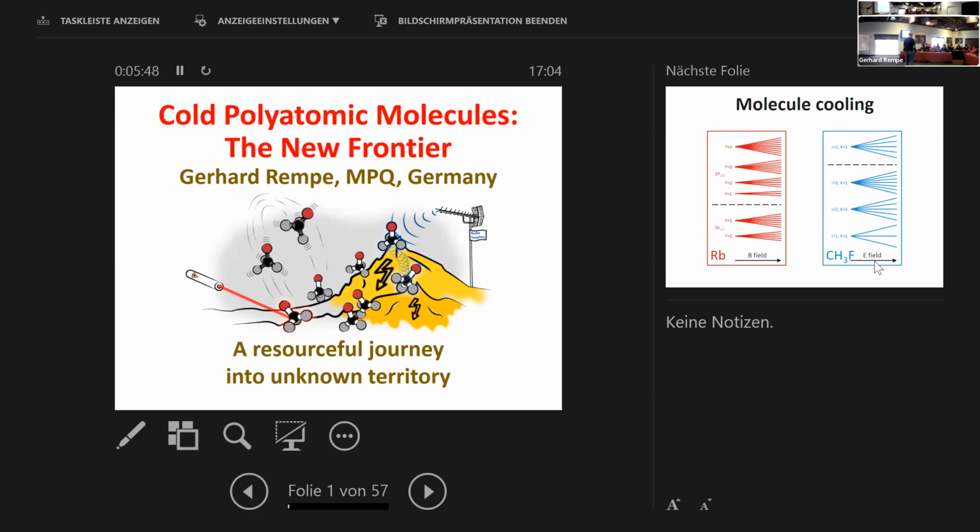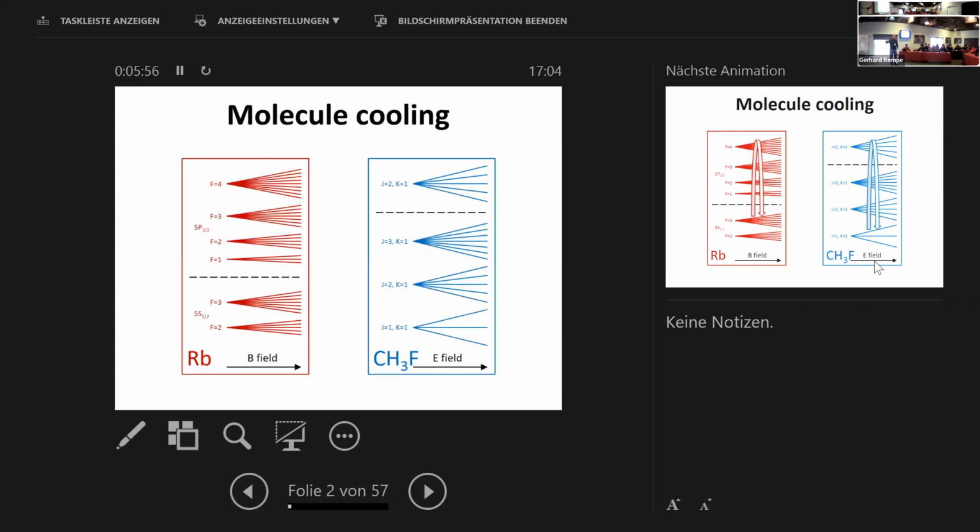They're basically doing radiation pressure. This is something we cannot do, and I will tell you why. But let's address the simple question: why is molecule cooling so difficult, or maybe not? Why has it been considered to be difficult?